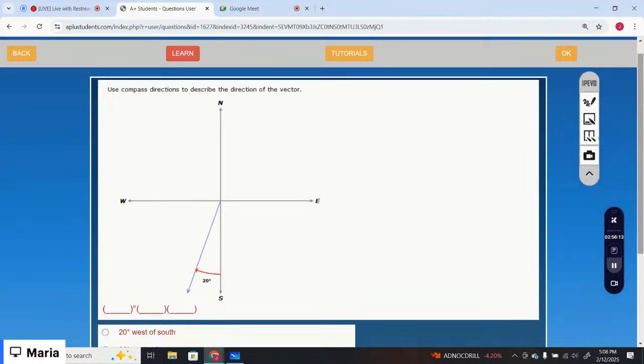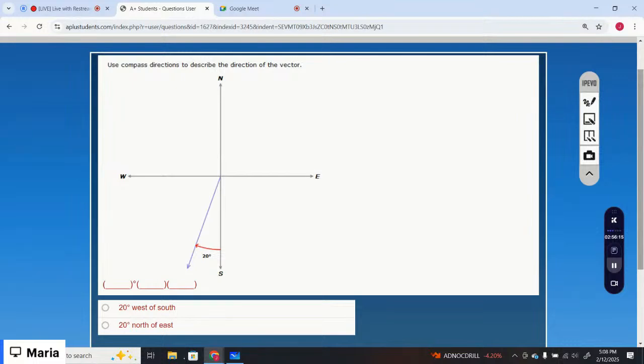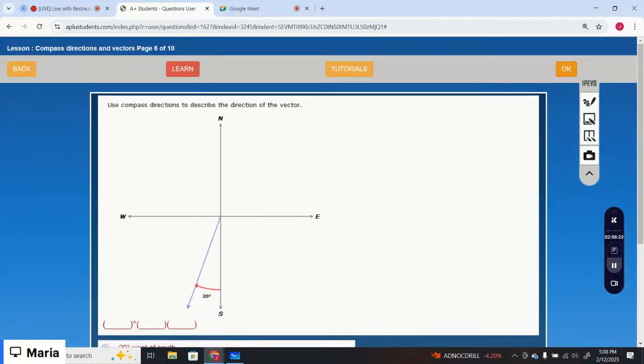That is 20 degrees west of south. Option number 1 is the correct option. The correct option is 20 degrees west of south.